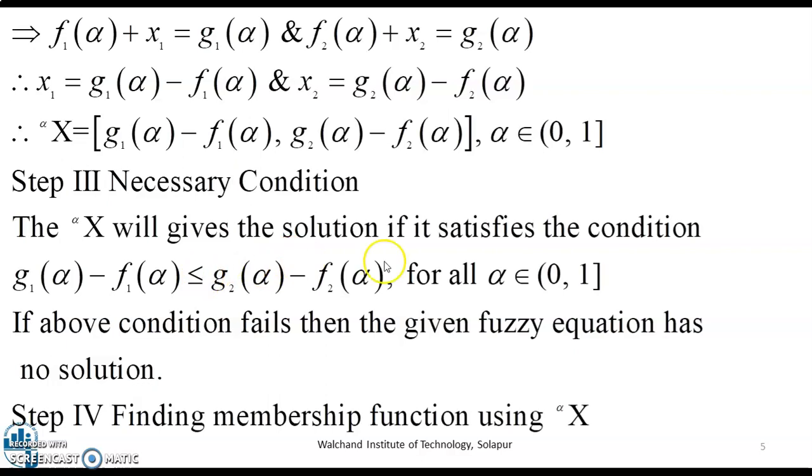If this condition fails somewhere, then the given fuzzy equation has no solution. So this condition is very important. If we get this condition, then we go to step number 4, and in step number 4 we have to find the membership function of capital X with the help of this alpha cut of X.